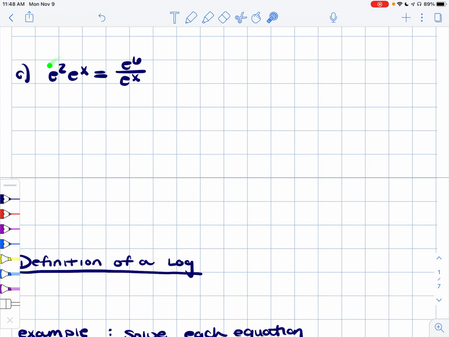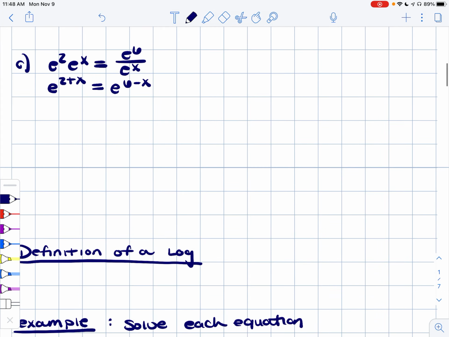So when we multiply, we add our exponents. So we get e to the power of 2 plus x on the left-hand side. And when we divide, we subtract our exponents. So we get e to the power of 6 minus x on the right-hand side. All right. And then since we now have the same base on both sides, we can just set our exponents equal using, again, that one-to-one property.